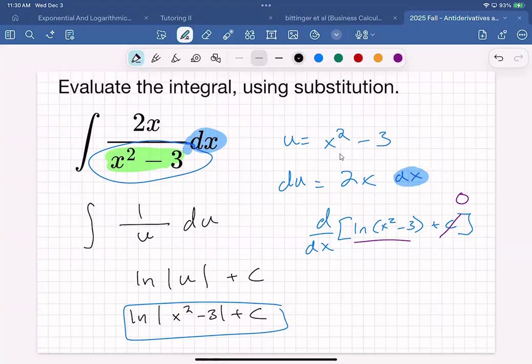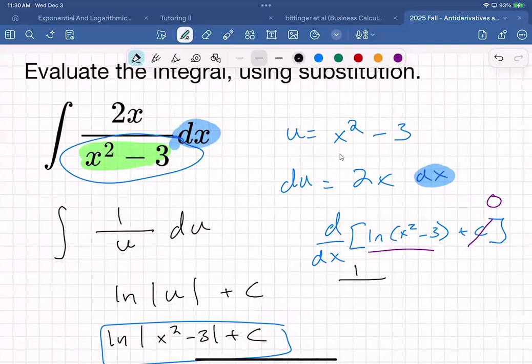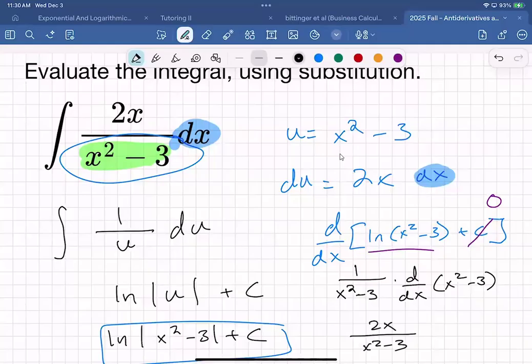There are different ways to remember it, right? If you have it that way, that's perfectly fine. But the key is it's 1 over the argument times the derivative of that argument, the piece that was on the inside. If you have it memorized that way, nothing's wrong with that, okay? But make sure you see that gives us 2x over x squared minus 3. So did we do our integration correctly here, our antiderivative? Well, isn't that exactly what we started with up here?